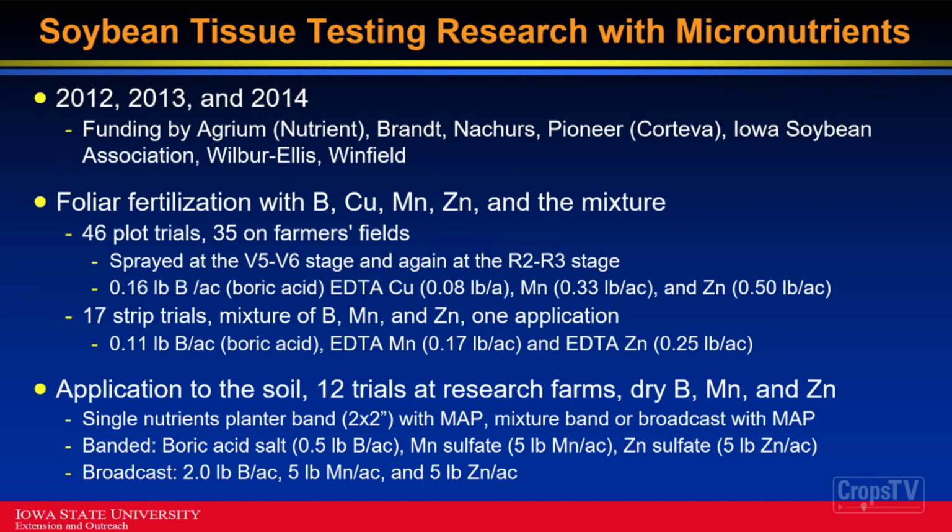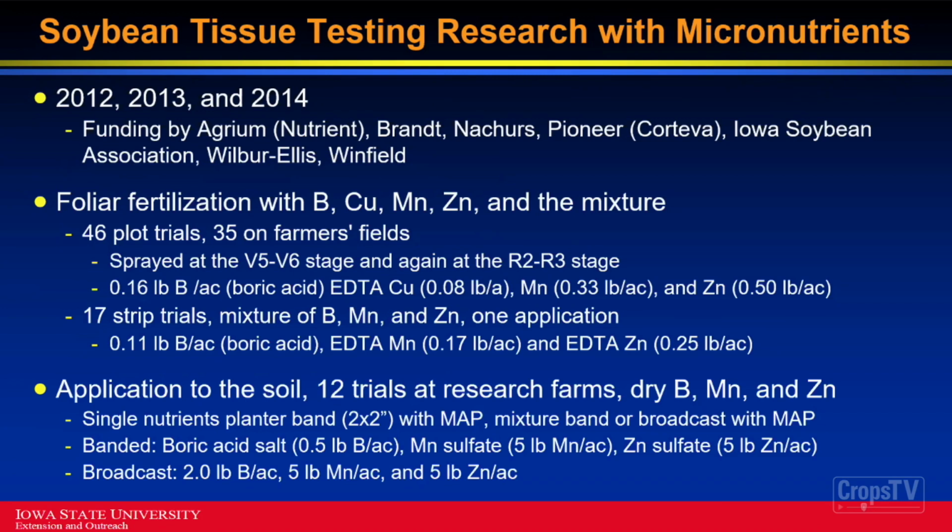Now, I wanted to work with boron, manganese, and zinc, but one company insisted on working on copper, because I thought that the likelihood of copper deficiency in Iowa for soybean or whatever is 1 in a million. But we included it, okay? So we have 46 plot trials, 35 on farmer fields. We sprayed twice just to be sure that each single application was not too much, but we have enough nutrients there.